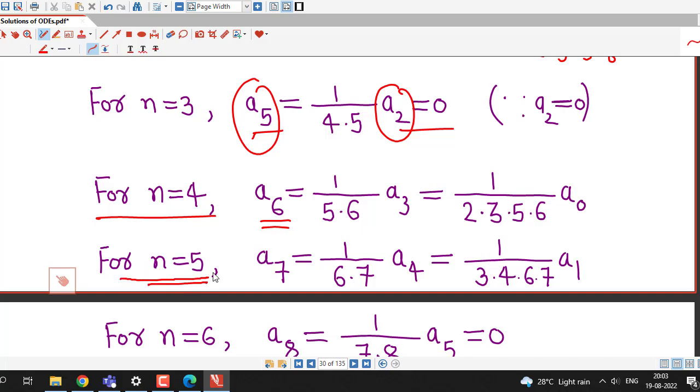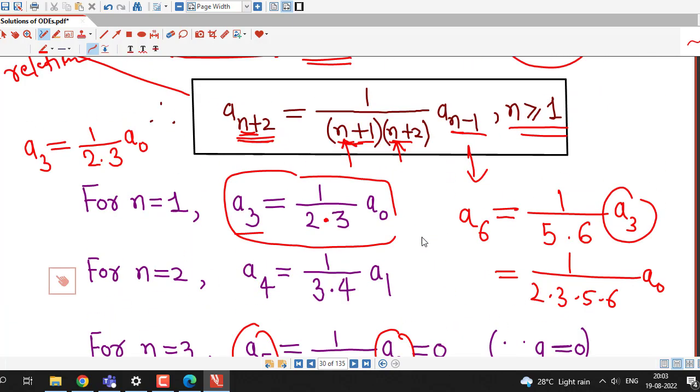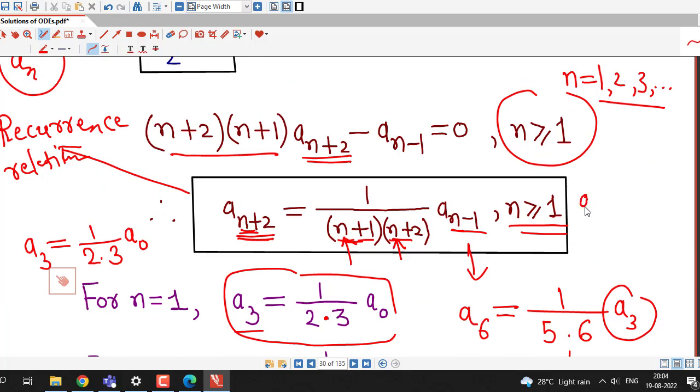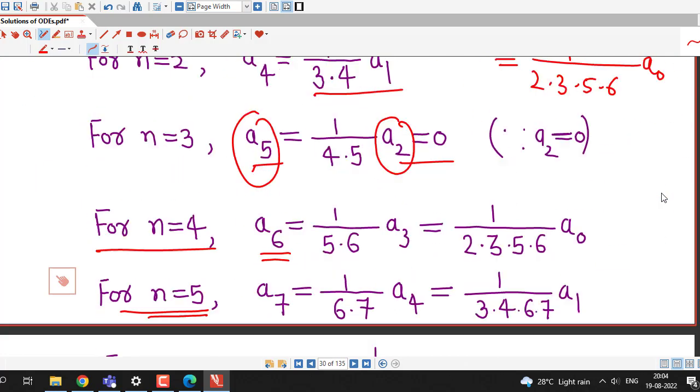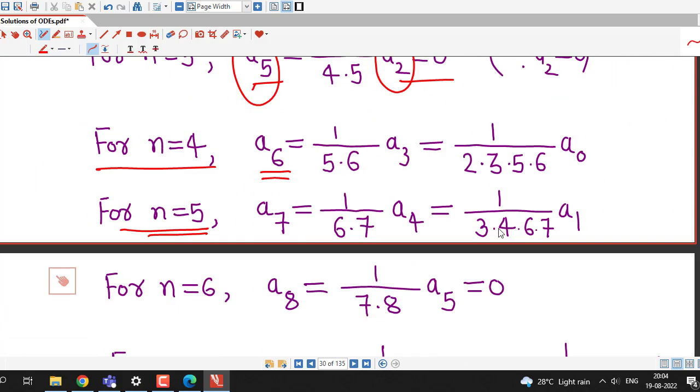Then we take n equal to 5, and we find that for n equal to 5, left hand side is a7, and here I have 6 and 7 and a4, and a4 is obtained here. It is 1 divided by 3 into 4 into a1. So if we substitute value of a4, we obtain a7 equal to 1 divided by 3 into 4 into 6 into 7 into a1.